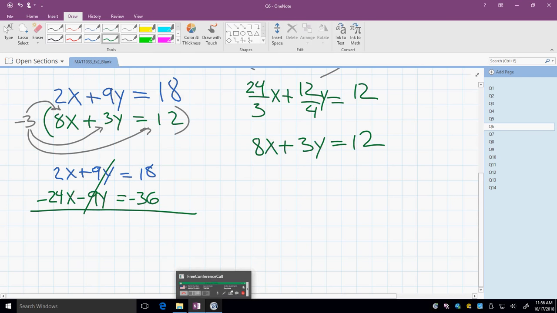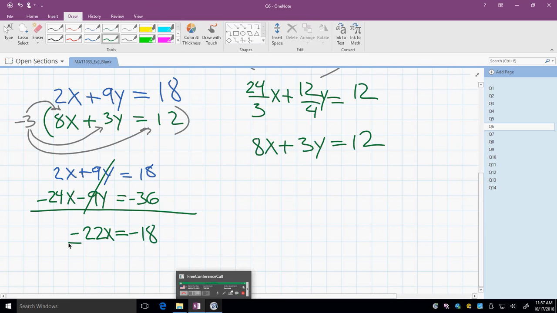Now we're going to combine the x's. Different signs: subtract, keep the sign of the largest number. The largest is 24, so it's going to be negative 22x equals negative 36 minus 18. The signs are different, so you subtract and keep the sign of the largest number, so my answer is negative 18.